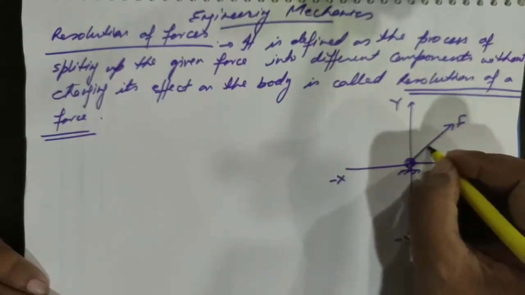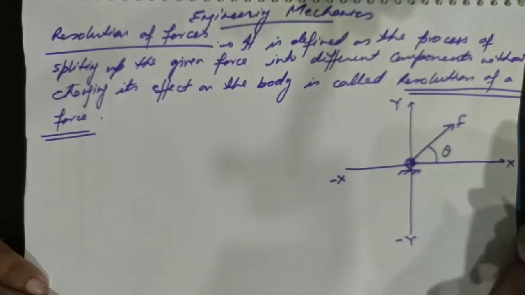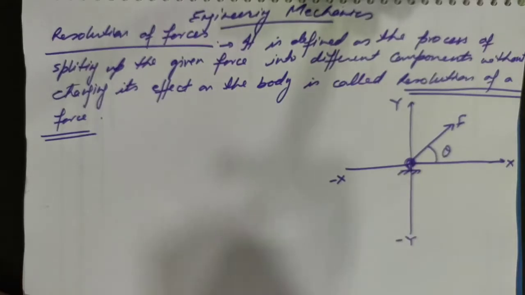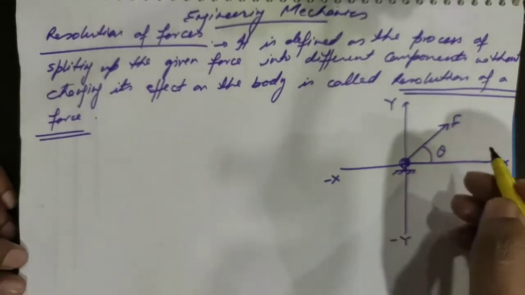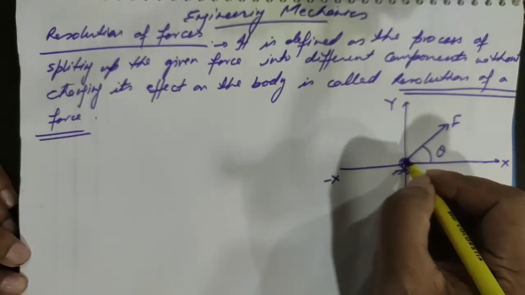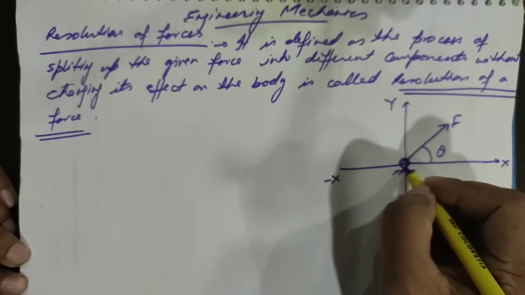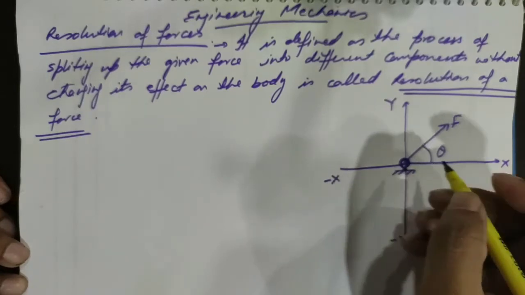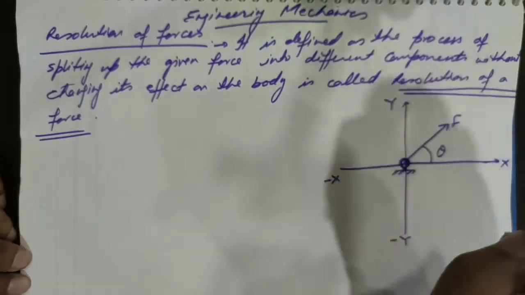It has an angle theta with the positive x axis. If we split that force into two components, the effect on the body should not change. The effect should be the same as when force F is acting on the body.